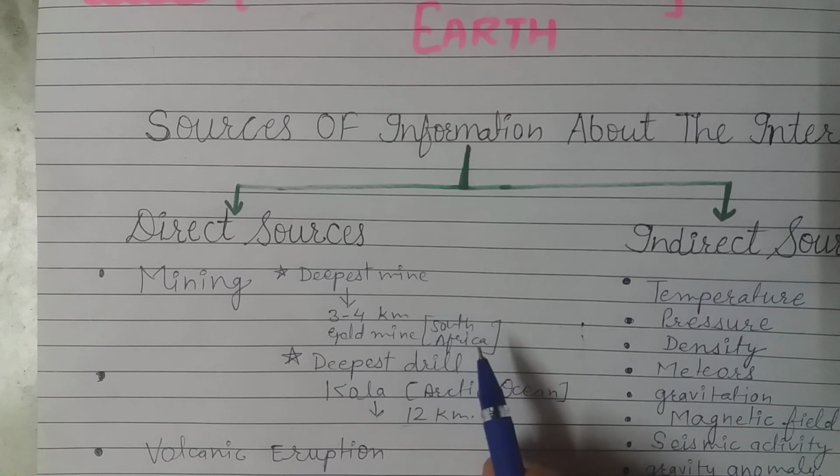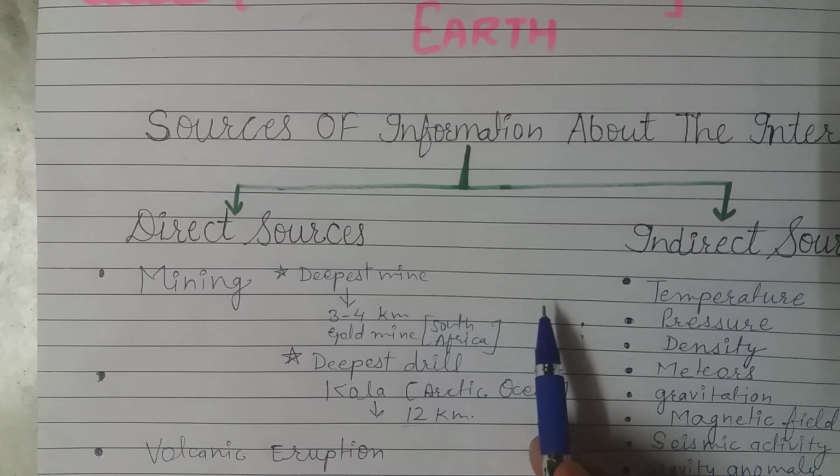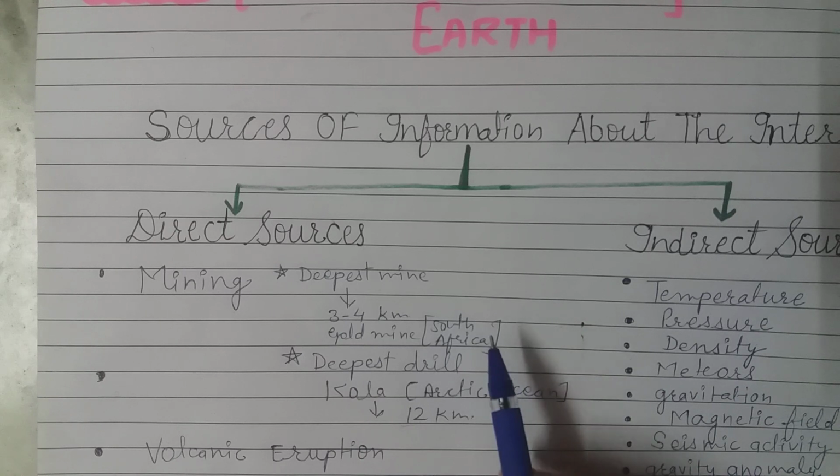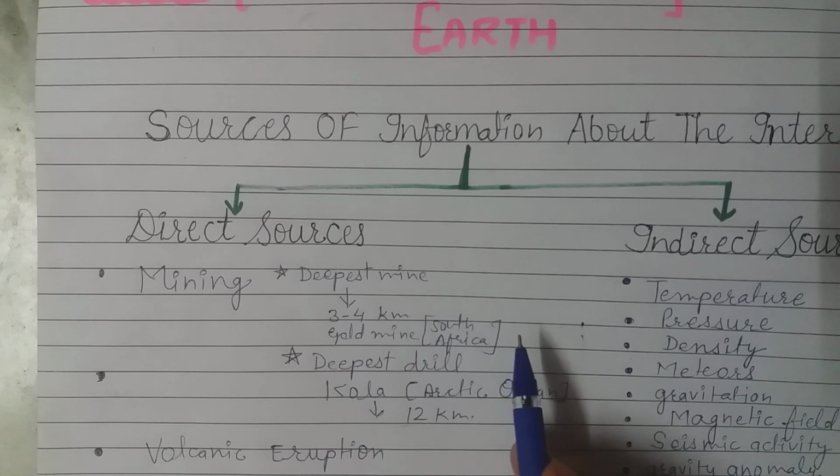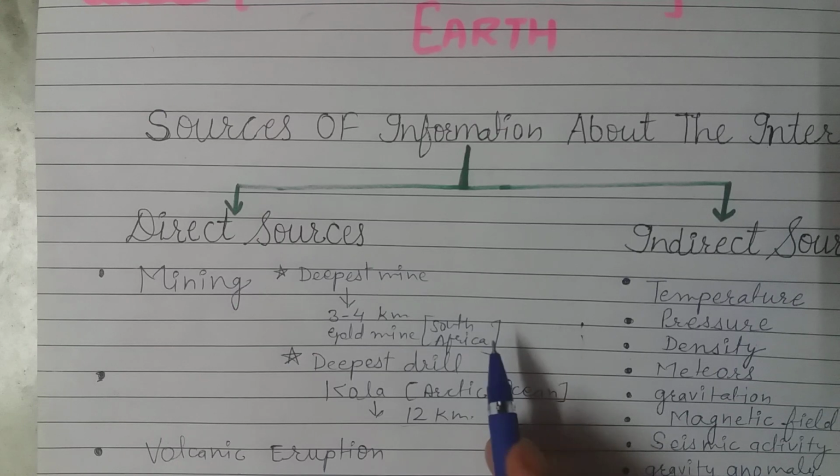When this magma comes out onto the Earth's surface, it is called lava. During volcanic eruption, it becomes available for laboratory analysis. However, it is difficult to ascertain the depth of the source of such magma.